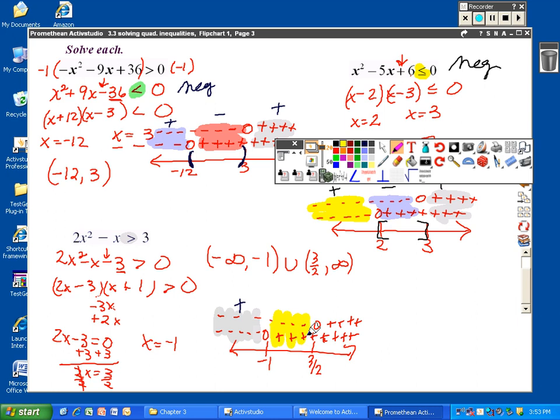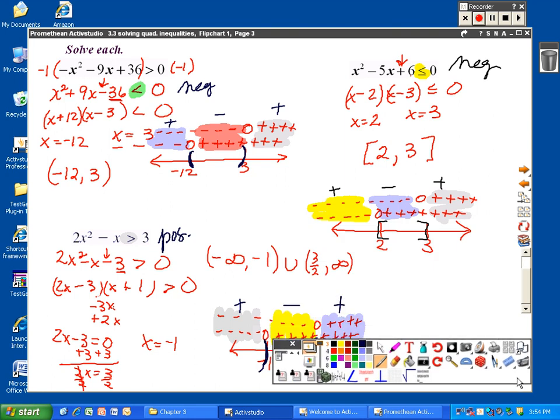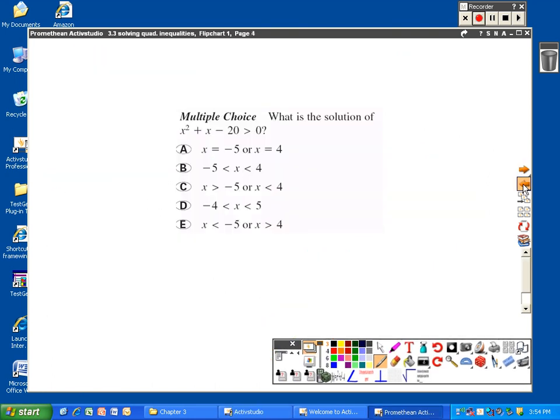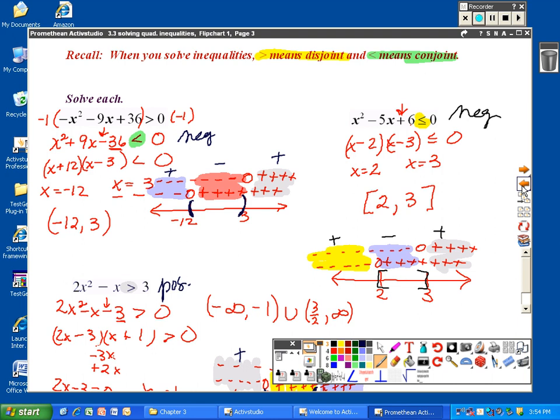Positive negatives, going to give me a negative. And positive positives, going to give me a positive. Greater thans are positive. So positives happened from here on and from here on. Okay? You should now be ready to do your assignment.